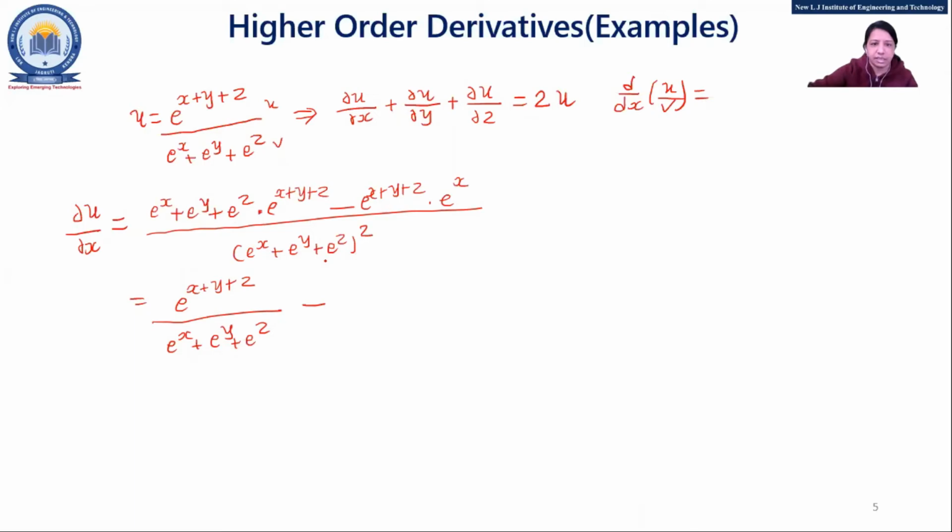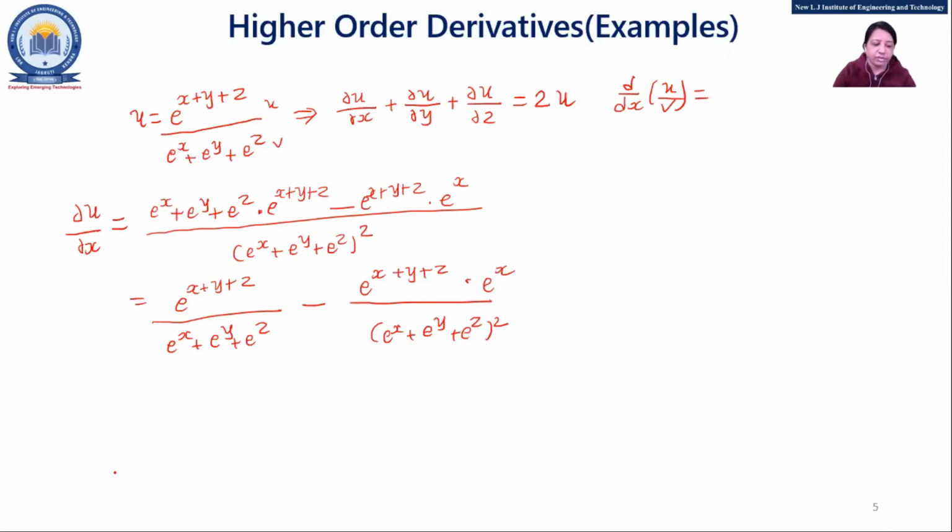Anything can't be cancelled out from here. So e raised to x plus y plus z into obviously e raised to x, upon e raised to x plus e raised to y plus e raised to z, the whole square.